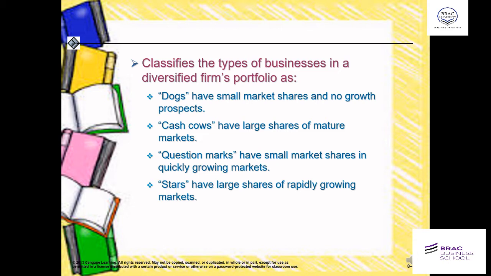In case of cash cow, even though it does not have that much growth prospect, it is holding a strong or large market share. The question mark holds a small market share, even though there is a huge chance for growth, whereas star is growing and increasing in market share significantly.